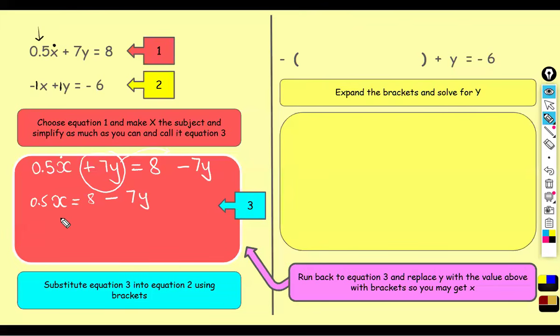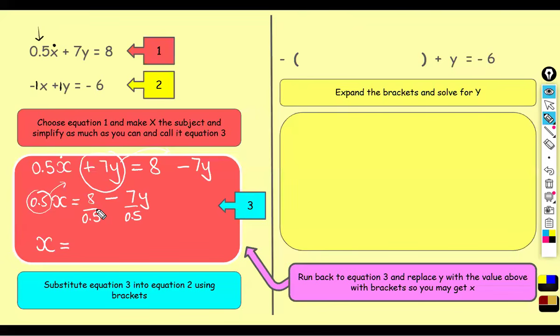We still have to throw across the 0.5, right? So the person touching the x, when we throw them across, they always become a divide. So you get 8 divided by 0.5 and 7 divided by 0.5. I know this looks not too common.